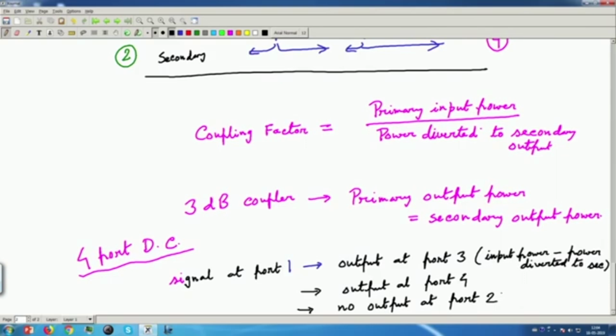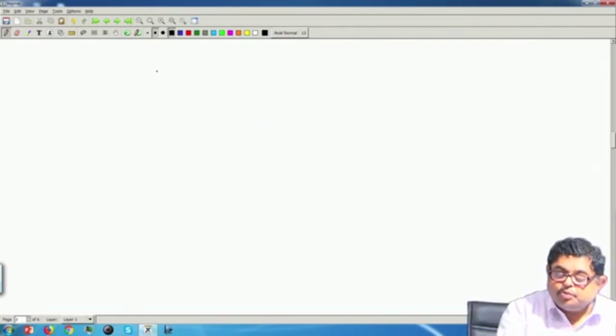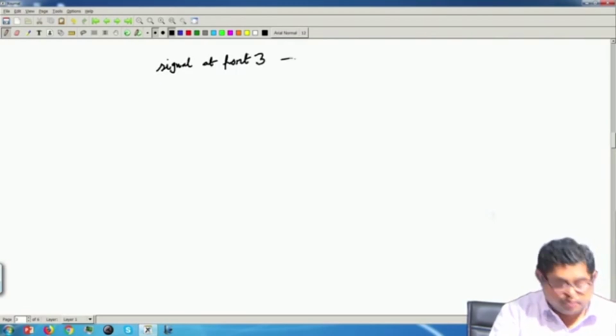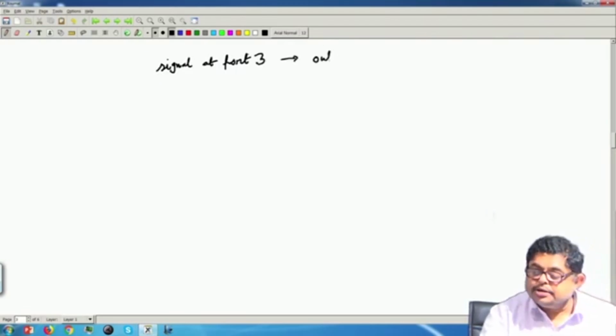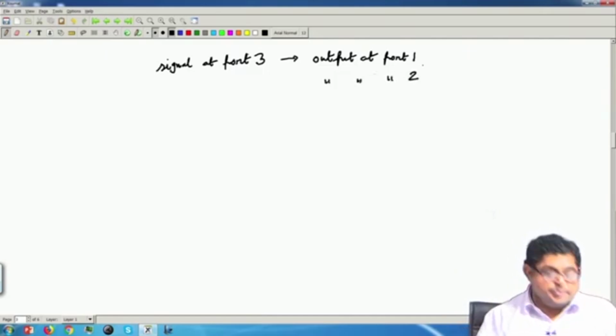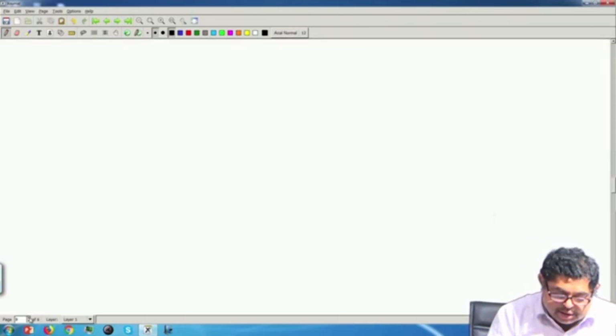Similarly, if we give signal at port 3, then we will get output at port 1, output at port 2.